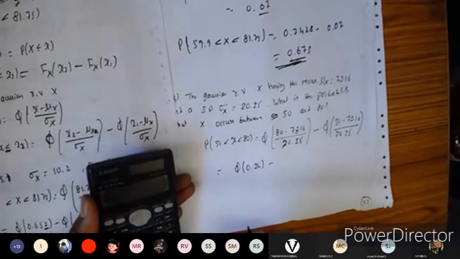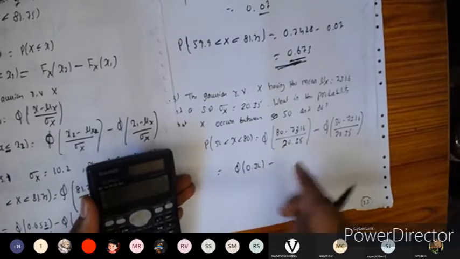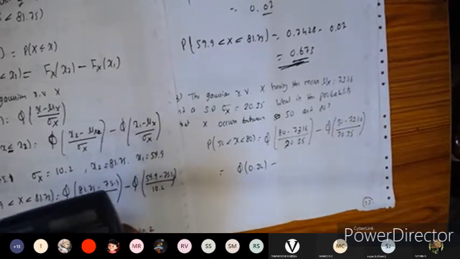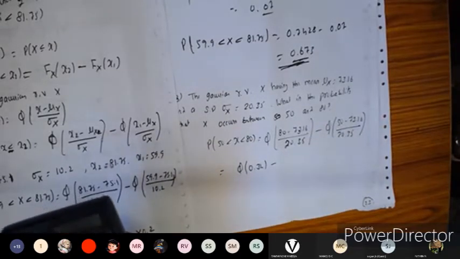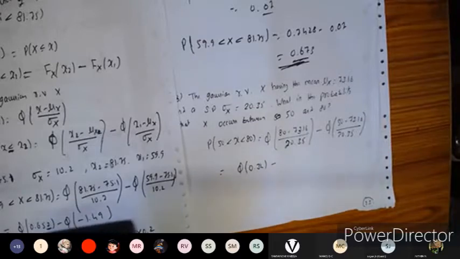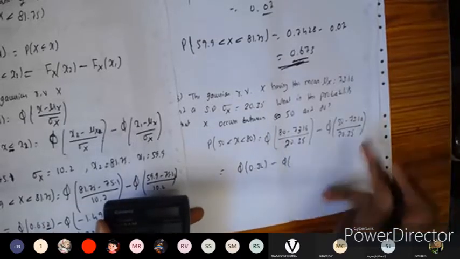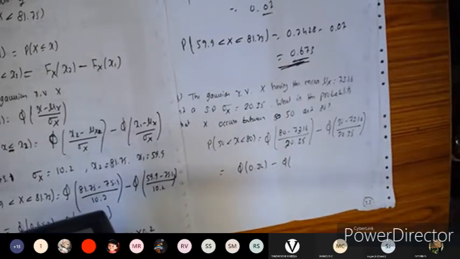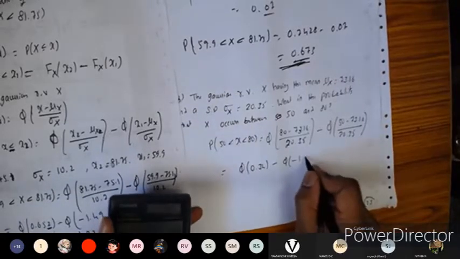Then 50 minus 73.16, divided by 20.35, so it is minus 1.14.